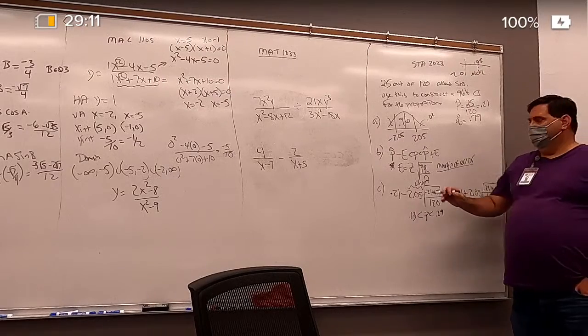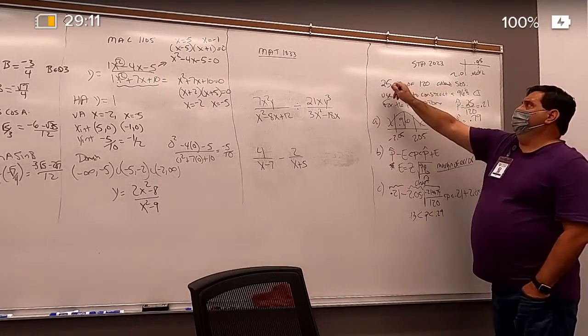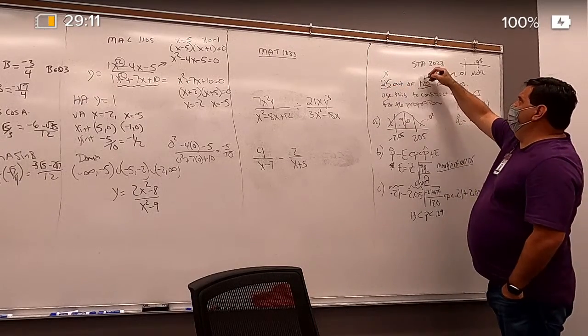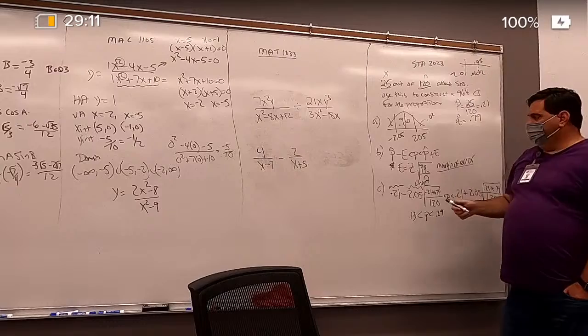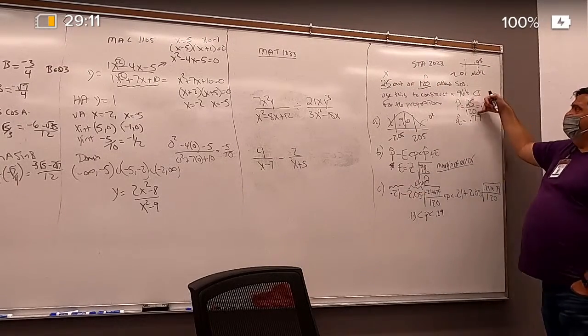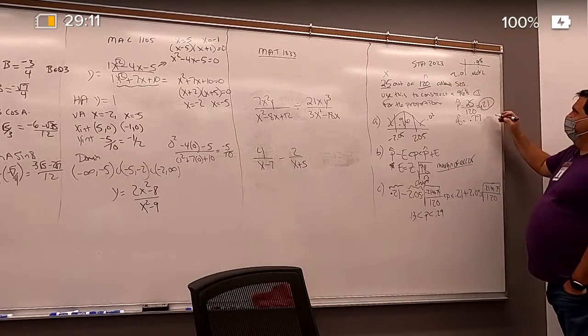This 0.21 is basically the problem. It's this value, which we call x, over this value that we call n. So 0.21 is x divided by n, 25 over 120. That gives you this number.